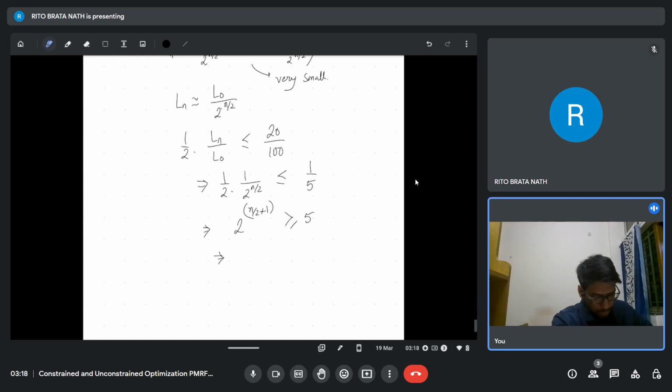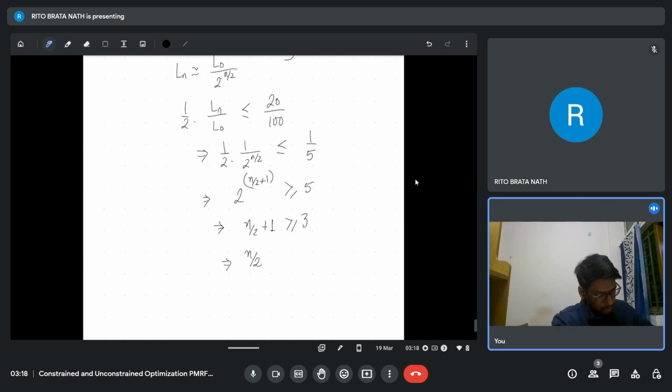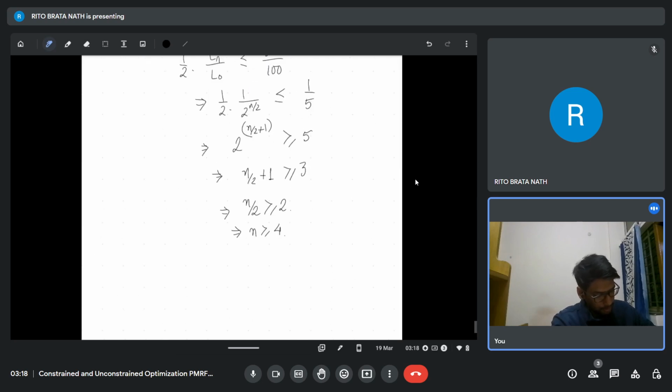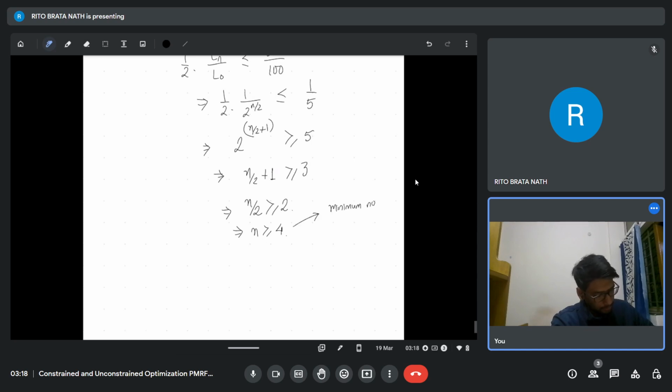So in that case, by 2 is greater than or equal to 2, n is greater than or equal to 4. So this is the minimum number of iterations. Just let me check one more thing.